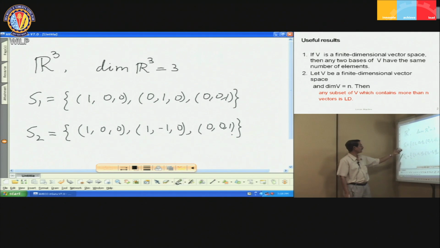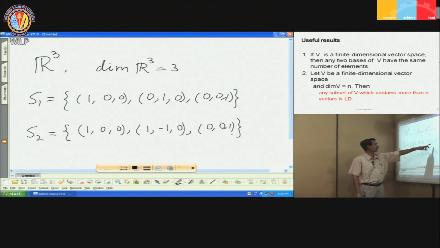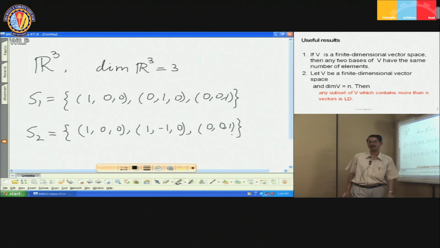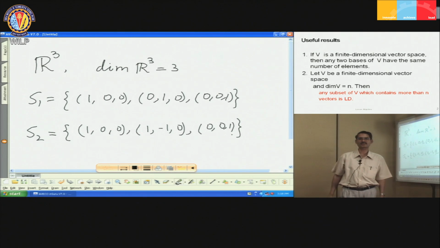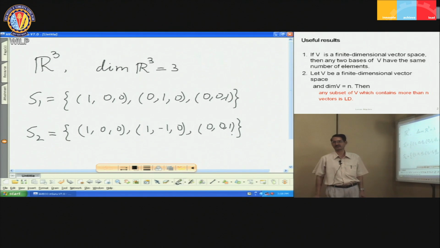But when S1 is a basis and S2 is a basis, number of elements in S1 and S2 cannot be different. If S1 and S2 both are bases for R3, the number of elements in S1 must be equal to the number of elements in S2. So if V is a finite dimensional vector space, then any two bases of the vector space V will have the same number of elements. Number of elements in the basis cannot be different.